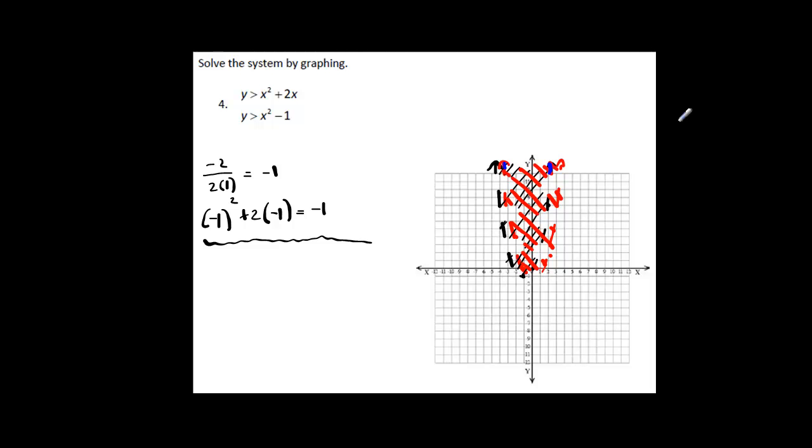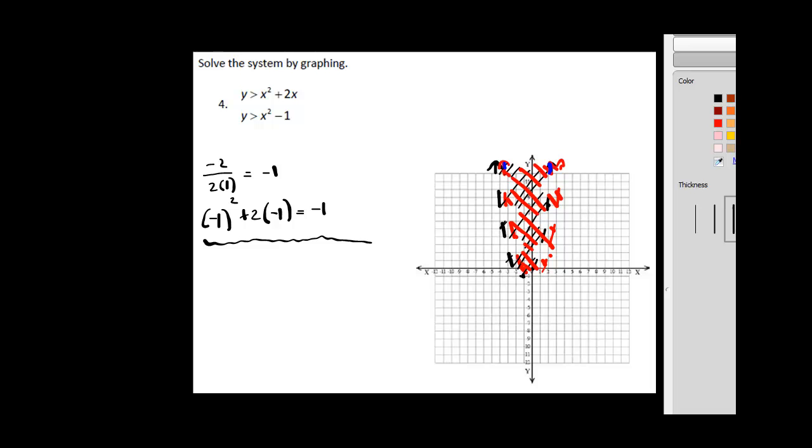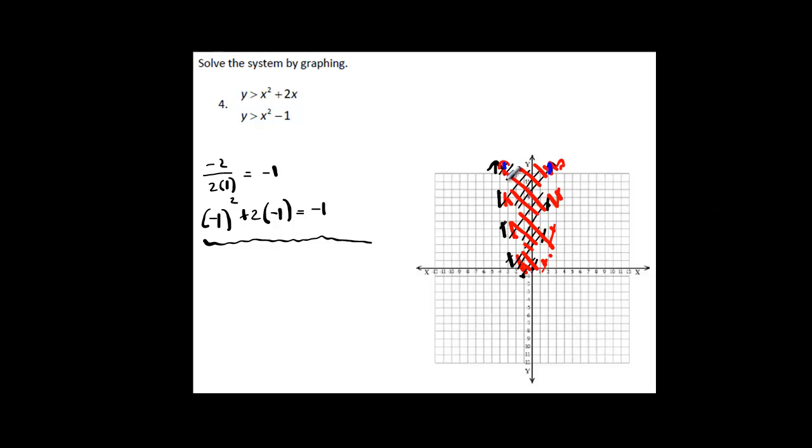So the solution area is going to be, this is dotted up to here, and then dotted here, and everything in between. So your solution area should look something like this.